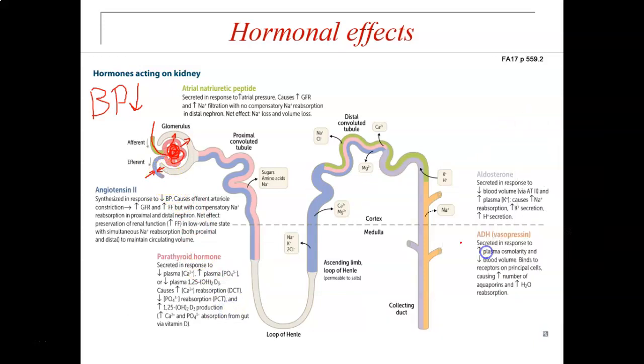So if we constrict the efferent arteriole, just think about it: what does that do to the blood within the glomerulus? It's going to kind of backflow a little bit. What does that mean? It's going to increase the pressure inside of the glomerulus. Well, that's a good thing because the blood pressure was too low to begin with.